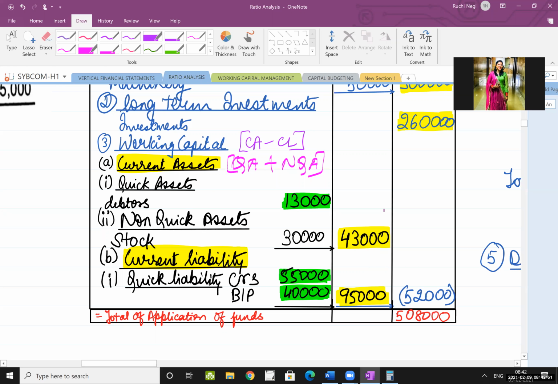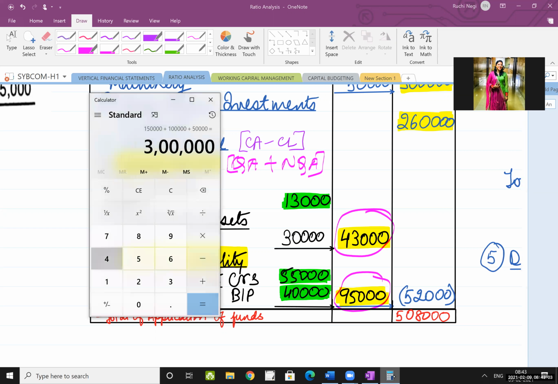Now current assets minus current liability. Don't forget. So see, 43,000 minus 95,000. It is 52,000 negative. Remember, working capital is negative in this sum.